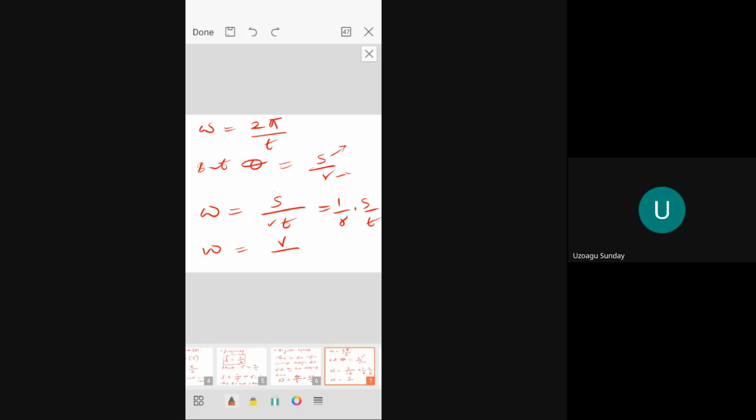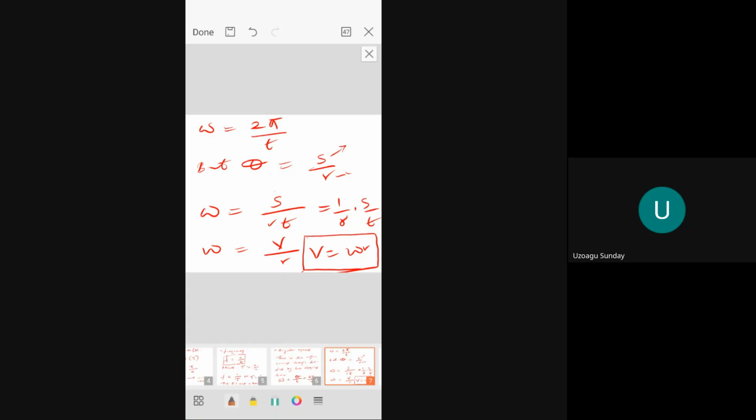Let me write it more properly: V divided by R. So from here, I can now clearly carve out the equation I want us to know, which is the relationship between the linear speed V and the angular speed omega: V equals omega R. It's very, very important, even though we'll explain this better as we proceed with some calculations.